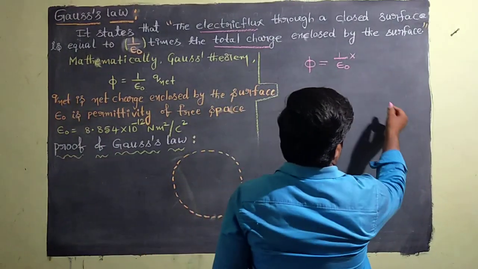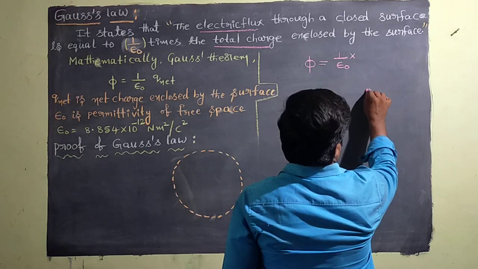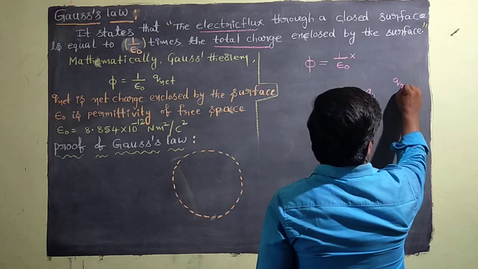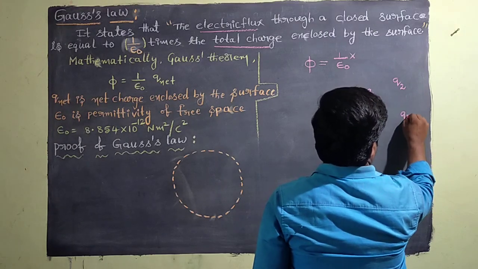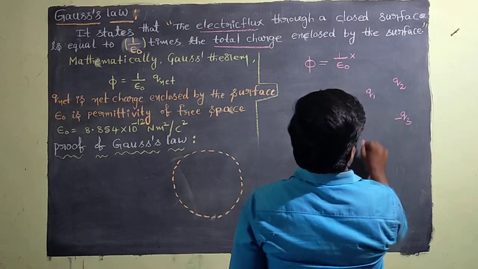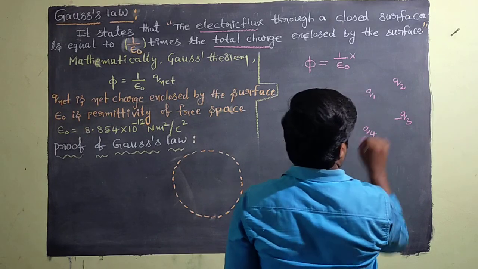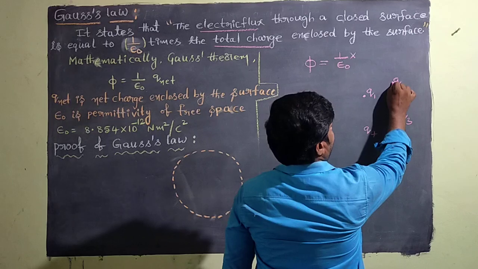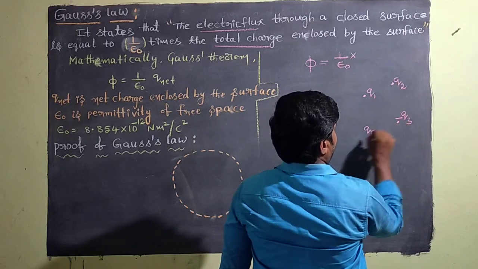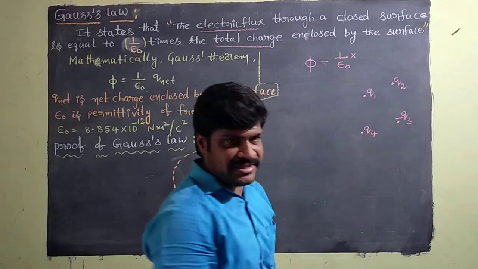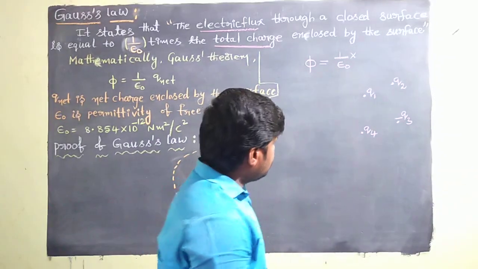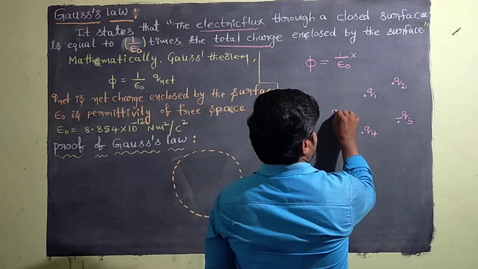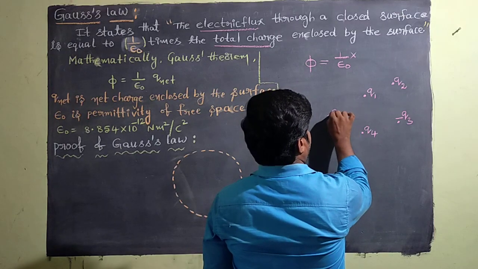For example, take one charge Q1, another charge Q2, another charge minus Q3, and another charge Q4. Like this, 4 charges are there. I am also going to take another charge, minus Q5.